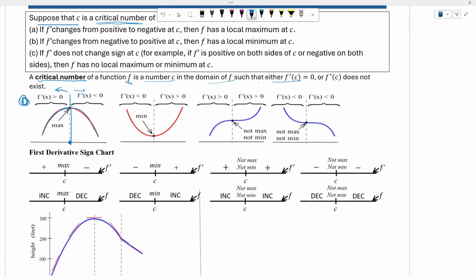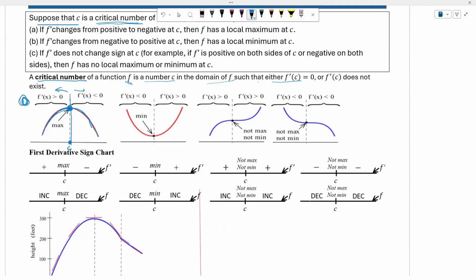So you will see that if f prime changes from positive to negative at c, then f has a local maximum at c. From increasing to decreasing, we have a local maximum at x equal to c.